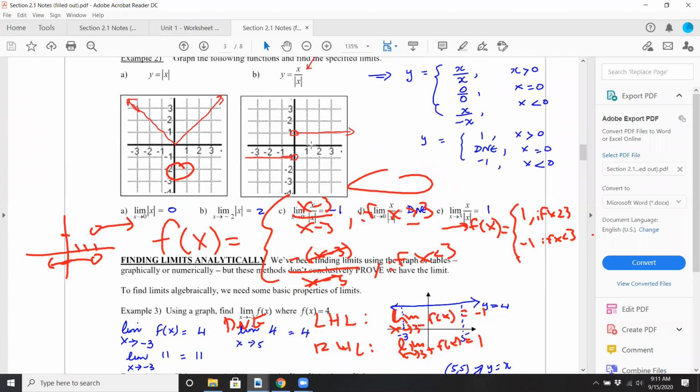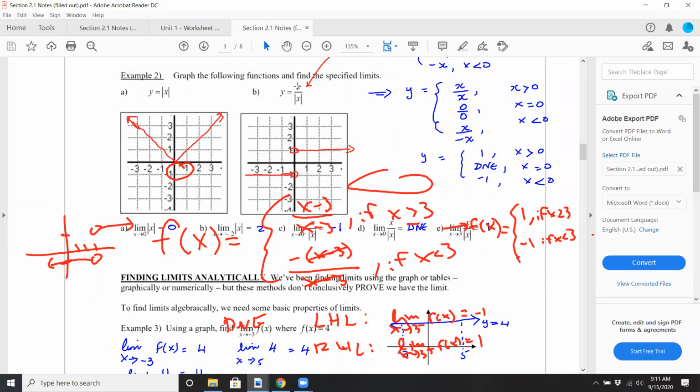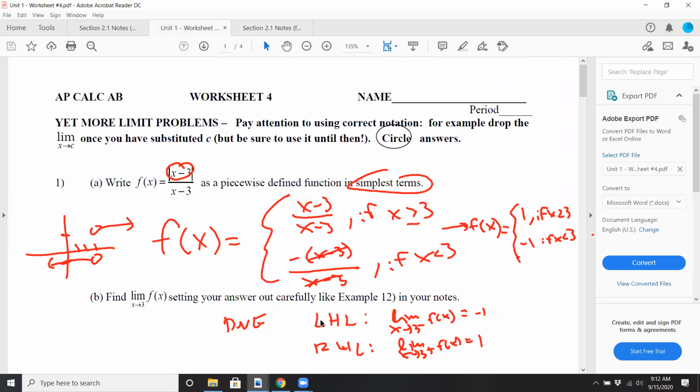Yeah, we did this a while ago, but in this case we had a shift of 3 right because we did x minus 3 over x minus 3. So that's why it does not exist, because your left-hand and right-hand limits don't equal each other as x approaches 3.